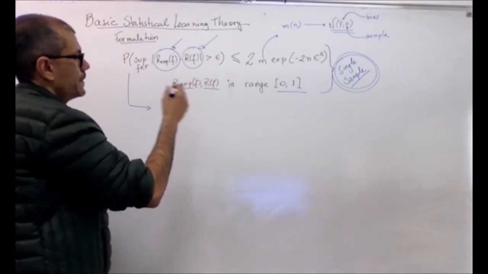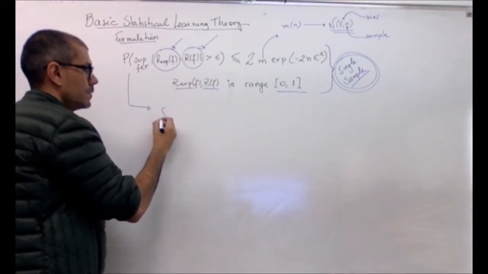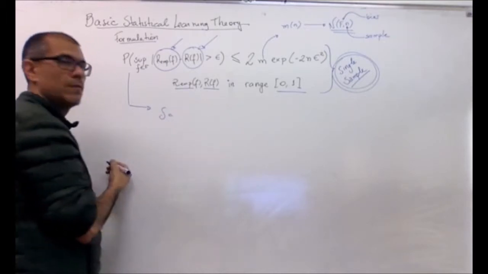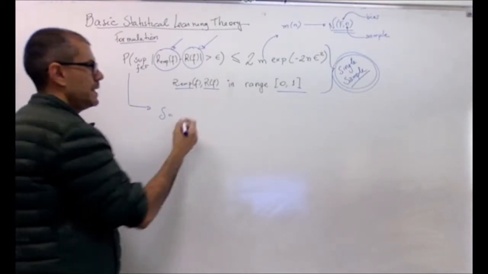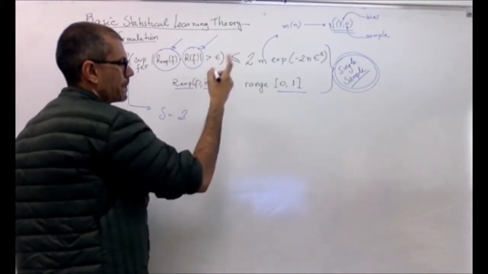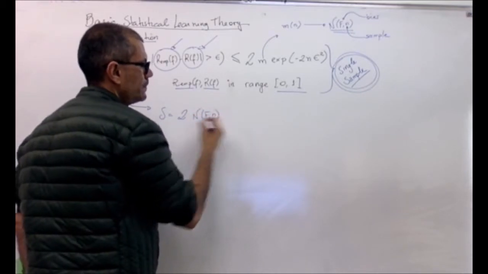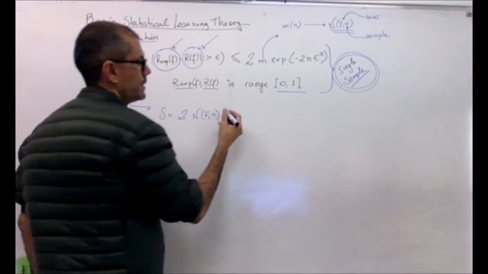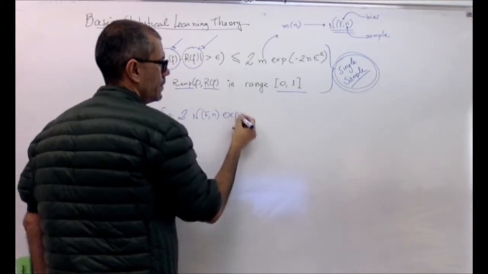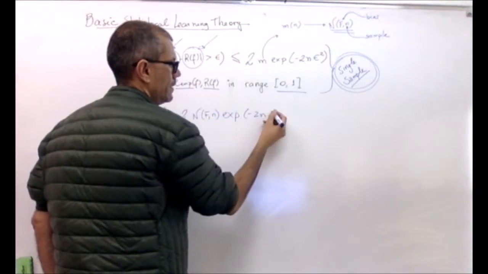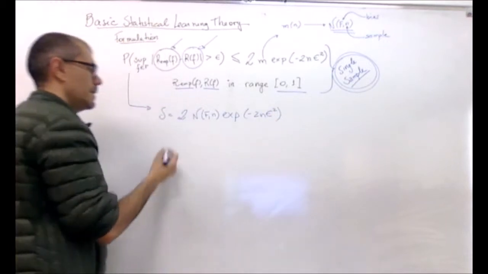So there is something quite important here. We can define delta to be equal to 2, our scattering coefficient for a single sample, times the exponential value of -2n epsilon squared.